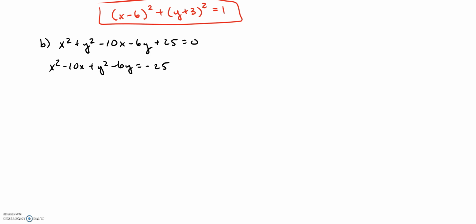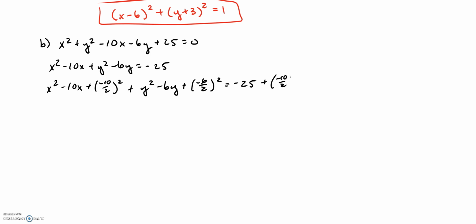If you haven't figured it out yet, you probably need to make sure you know how to do completing the square. x squared minus 10x plus negative 10 over 2 squared, plus y squared minus 6y plus negative 6 over 2 squared is equal to negative 25 plus negative 10 over 2 squared plus negative 6 over 2 squared.